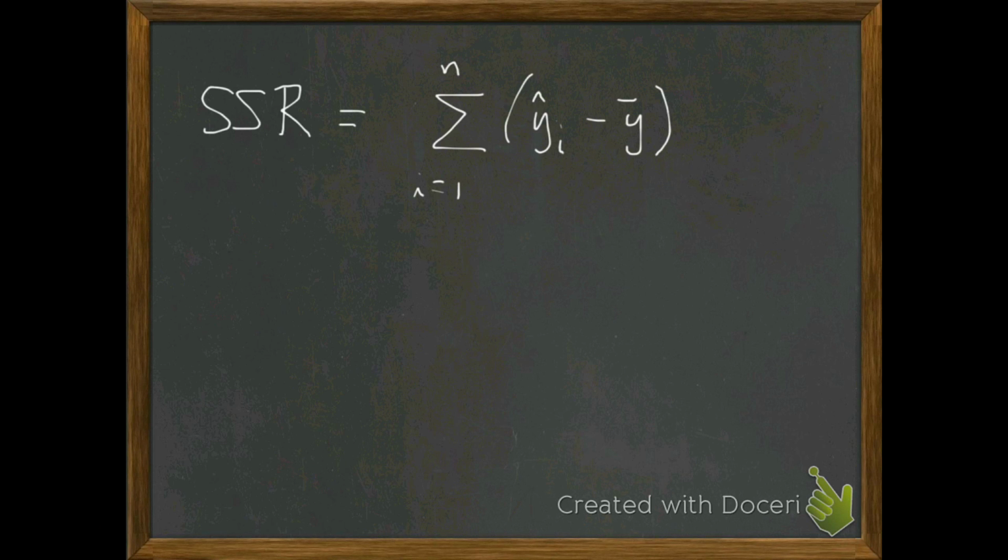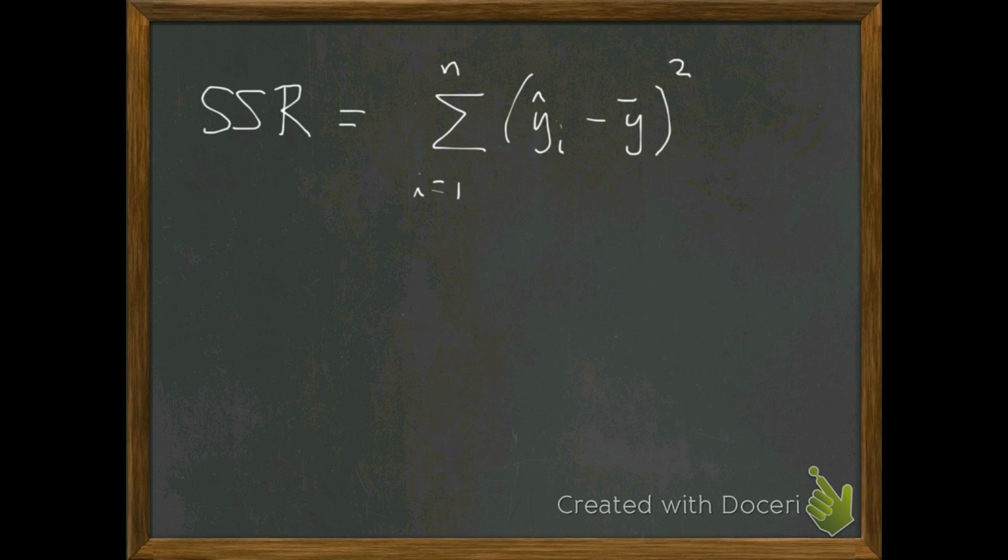So guys, the sum of squares for regression is nothing more than the sum from i equals 1 to n of our predicted values minus the mean quantity squared.